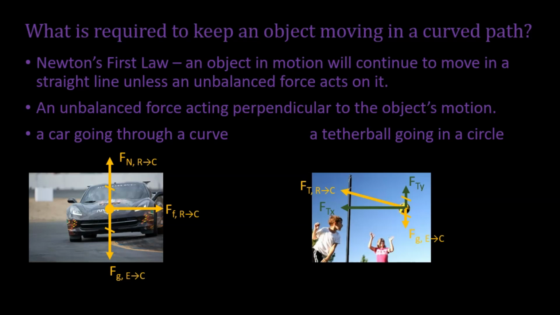The vertical component of the tension force balances the gravity force, and notice the unbalanced force is the tension force in the horizontal or x component, and that is the unbalanced force that keeps the tether ball going in a curved or circular motion.